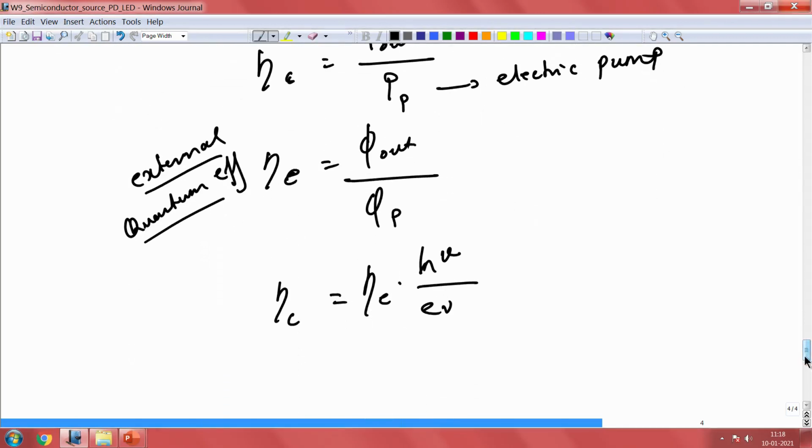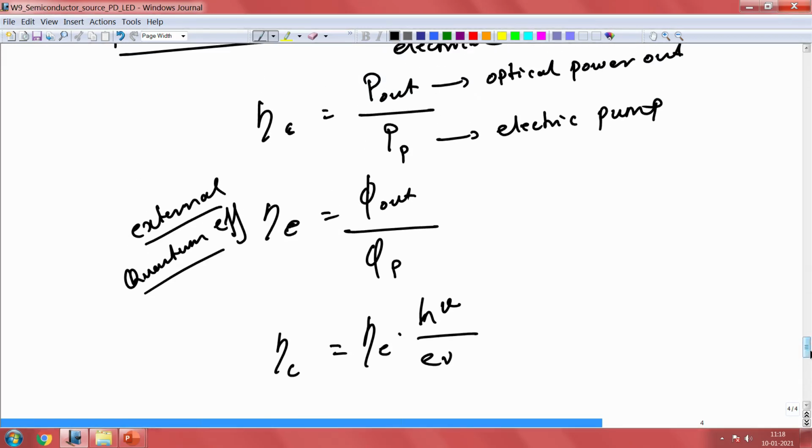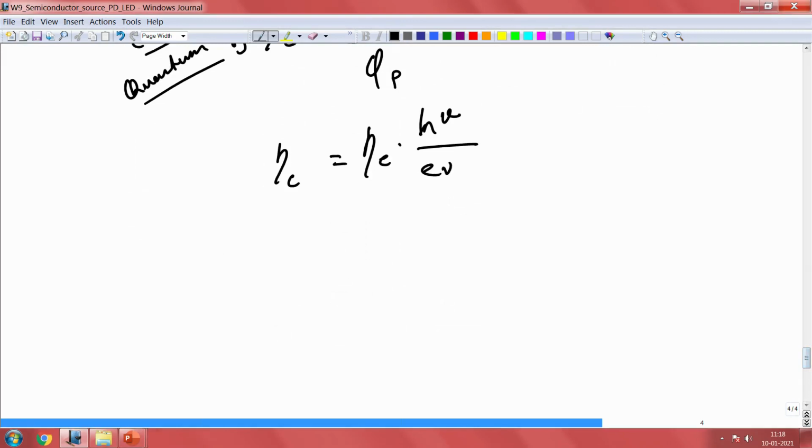The external efficiency is basically how much flux is coming out of the electrical flux that you put in. It is not straightforward to calculate this external efficiency, because it depends on how you build your diode. So, how do you construct your diode?